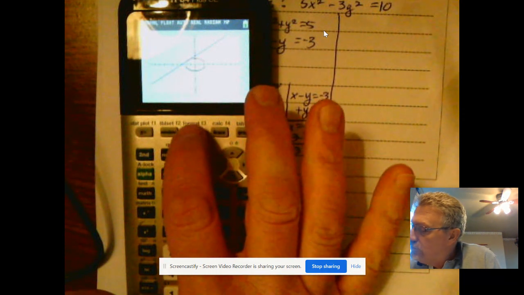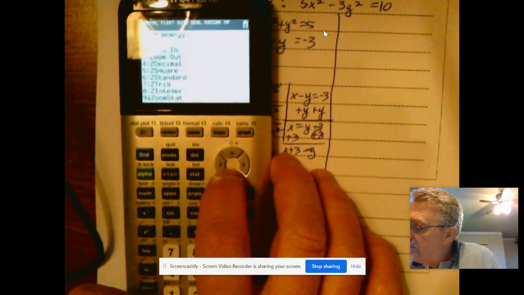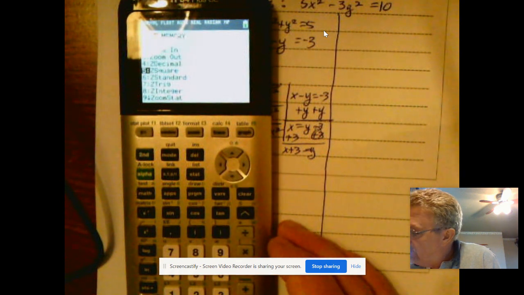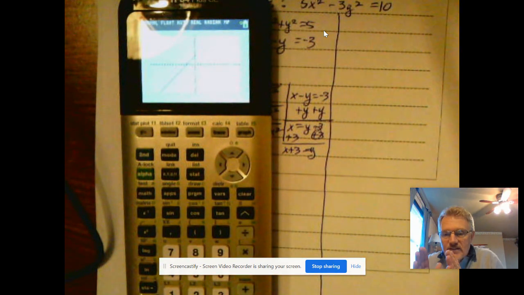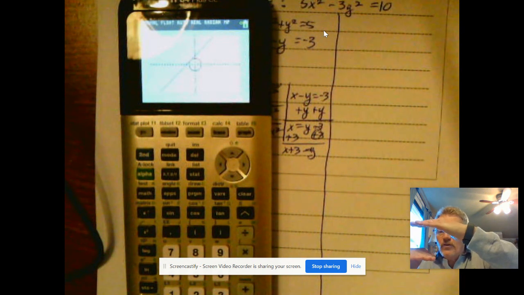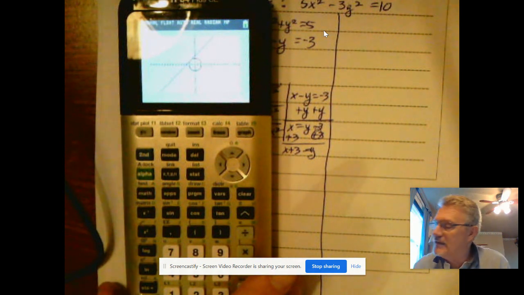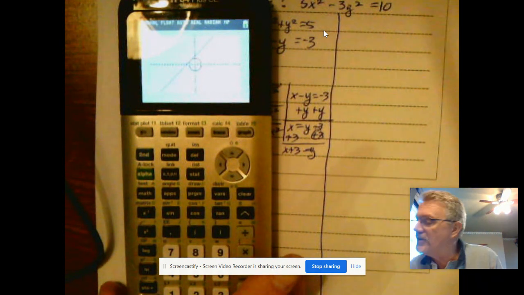So if I do zoom square, what that does is it makes the negative 10 to 10 for the x and the negative 10 to 10 for the y the same size. So you can see that maybe a little bit better, but not much.